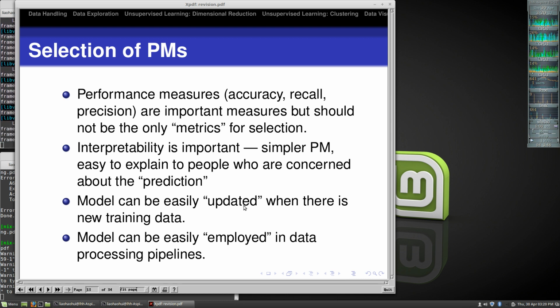The other thing in a real world situation that we have to be aware of is updating the model. As we collect more and more data, let's say after 2 years we have new data coming in.